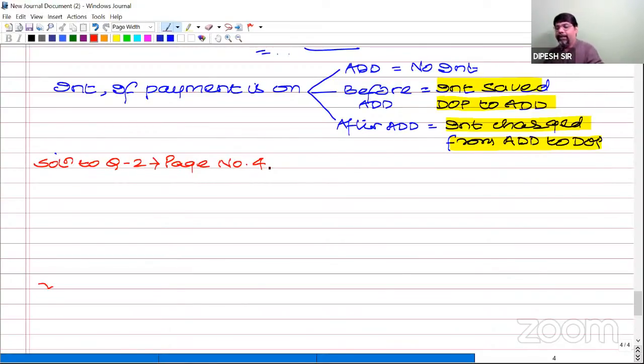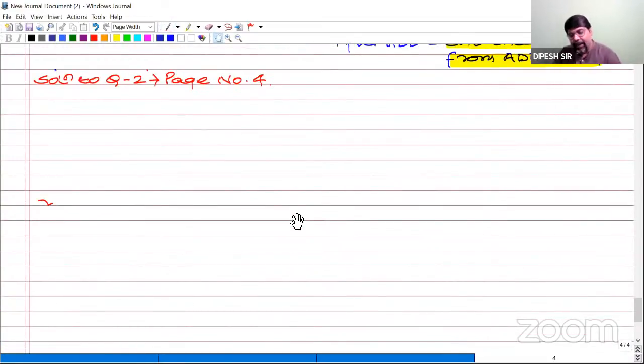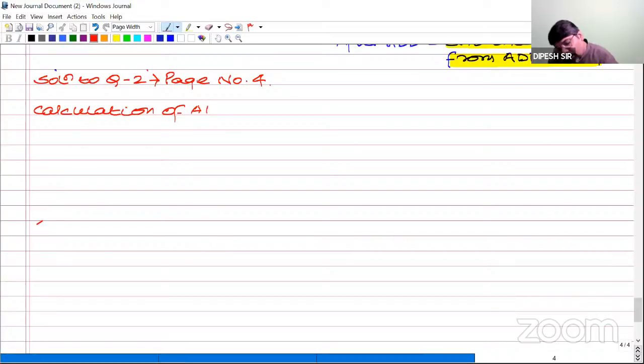Now, Charted, first let us calculate the average due date without any hiccups. So, calculation of average due date.